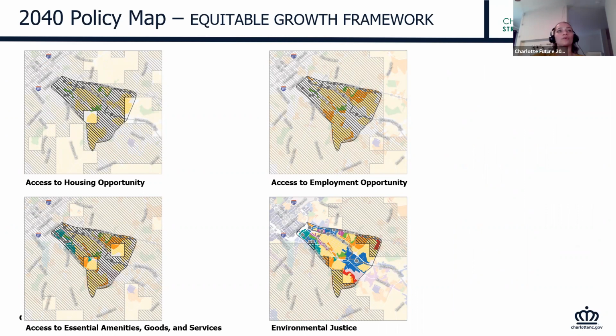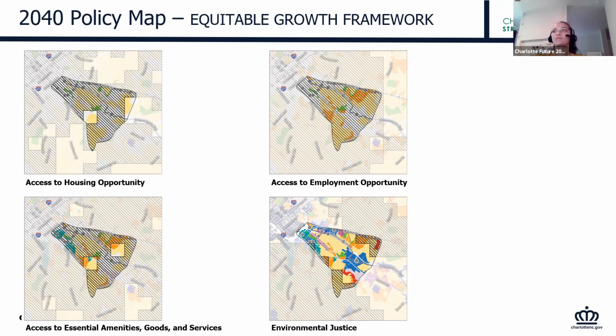So covering the equitable growth framework next, the comprehensive plan calls for creating a more equitable future for all residents, which means that we need to ensure that future growth and development benefits everyone in the city. So in order to measure who does and does not currently benefit from past development, the equitable growth framework in the comp plan includes areas such as access to housing, access to jobs, access to goods and services, and where any environmental issues may exist.